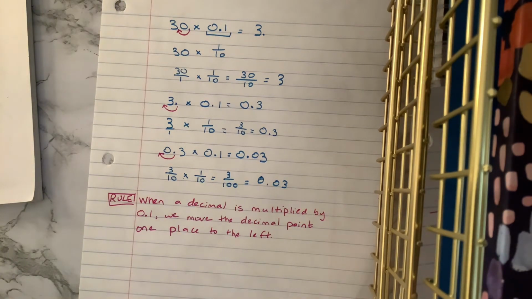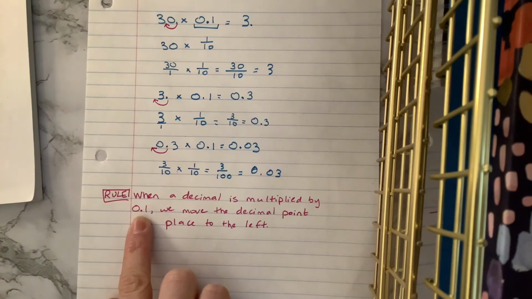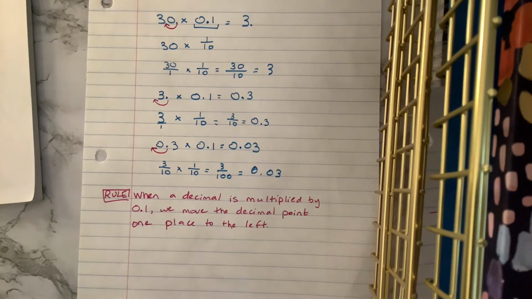And that is true when your number is greater than or equal to 1. If it's equal to 1, it stays the same. When you multiply by a number that's greater than 1, your product will be greater. But this is less than 1. And so when you multiply by a number that's less than 1, your product is actually going to get smaller, okay?